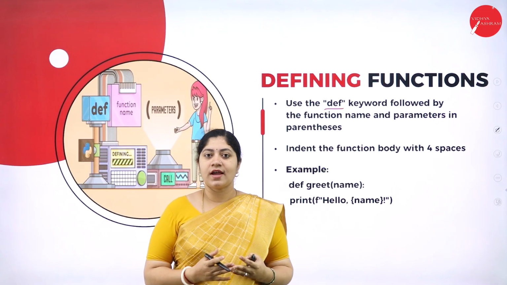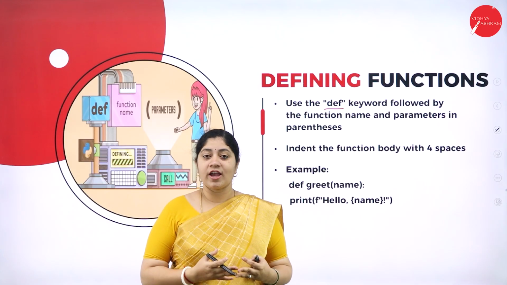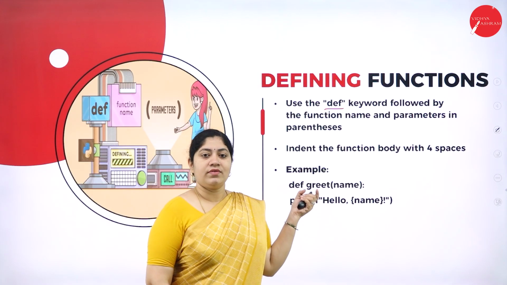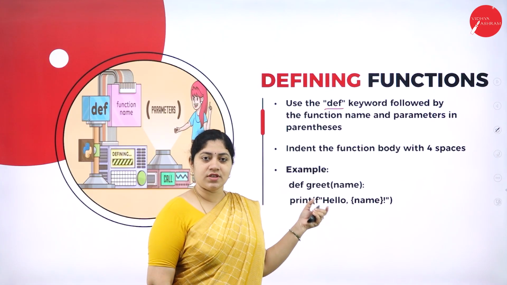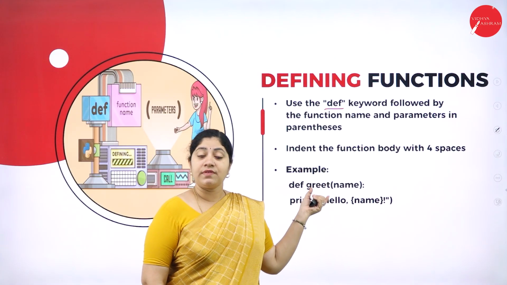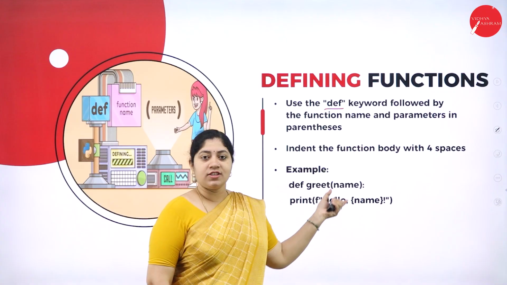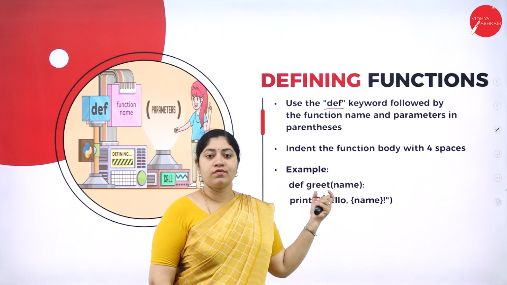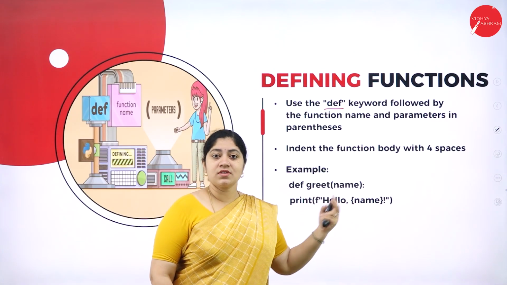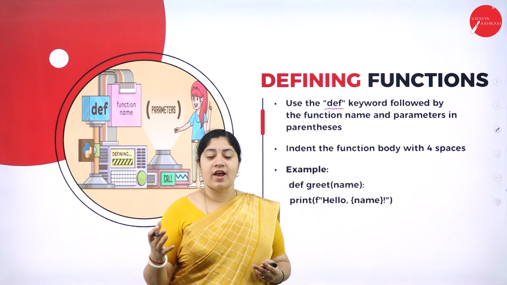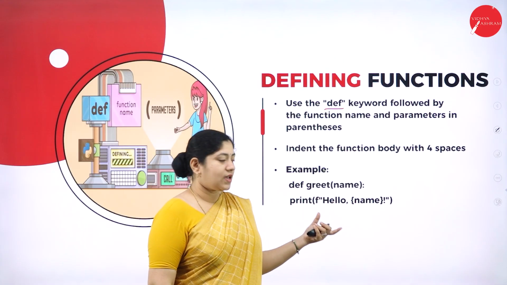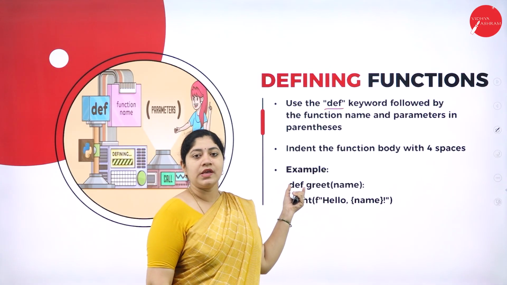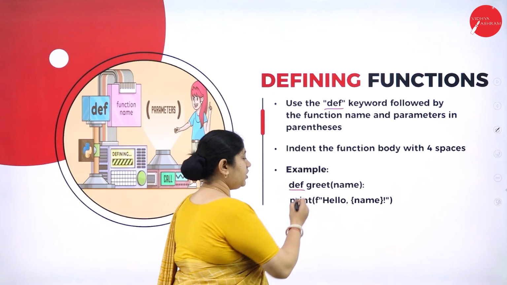The syntax that we have to follow in order to define is to put the keyword def, followed by the function name, and inside the parentheses we have to write the parameters that we are going to define. Okay, so let's see an example for this. Here we have considered the keyword def.